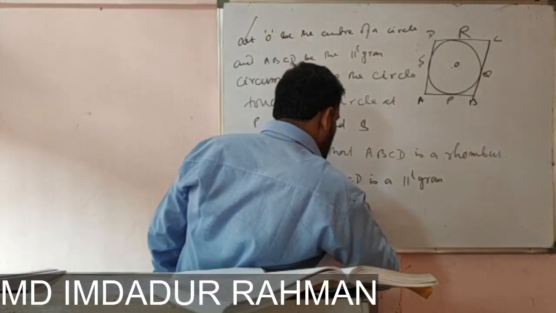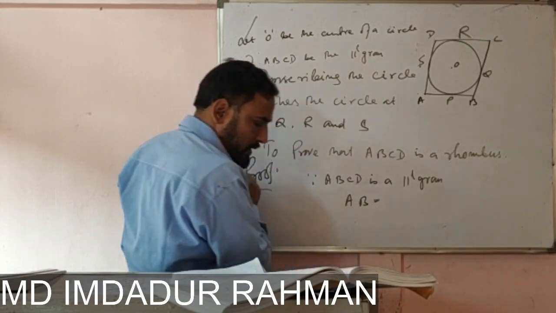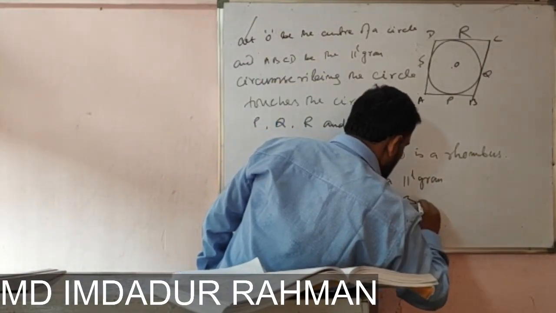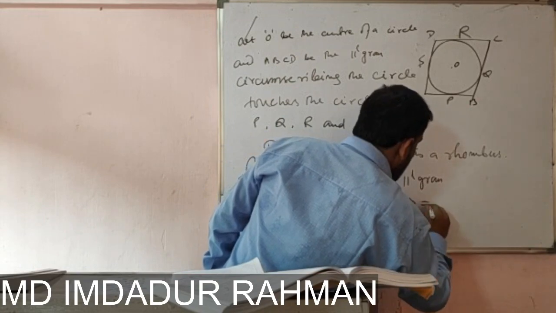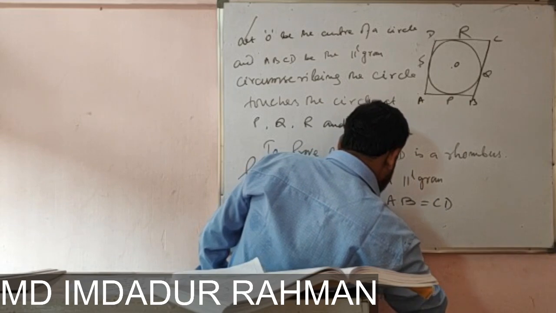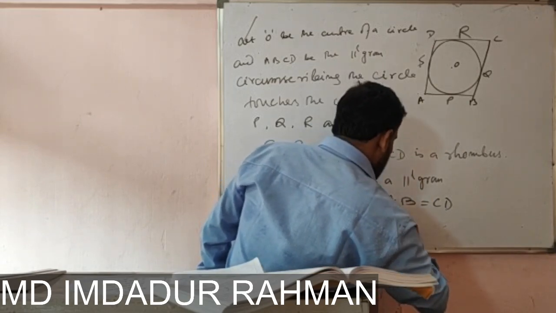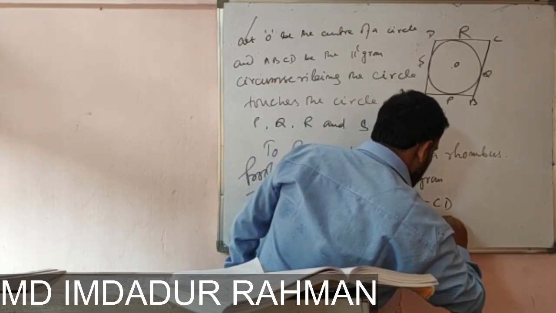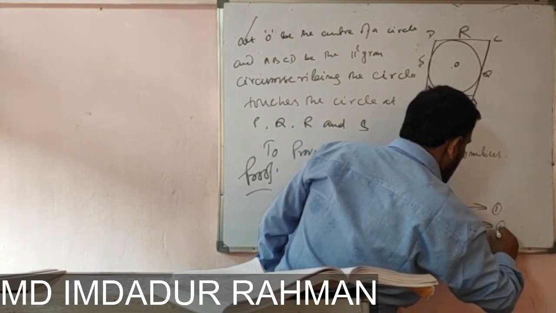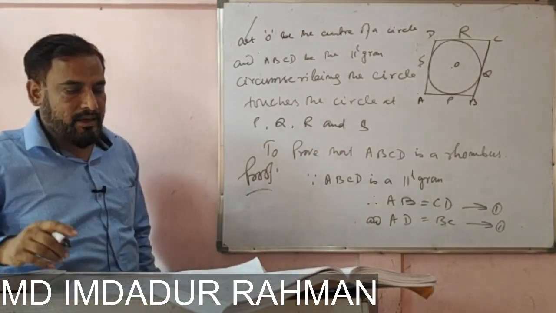So AB is equal to the opposite side CD, and AD is equal to BC. This is equation number 1, and this is equation number 2. We will use them later.